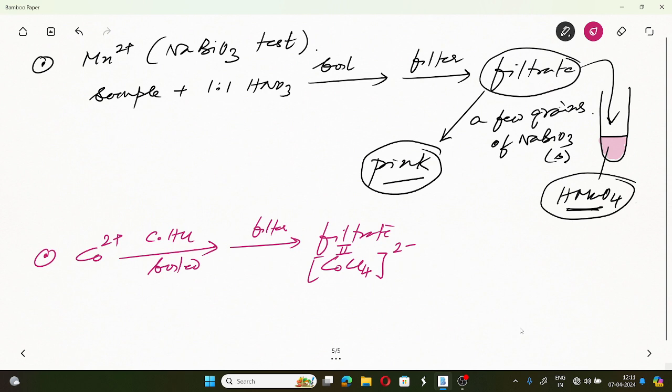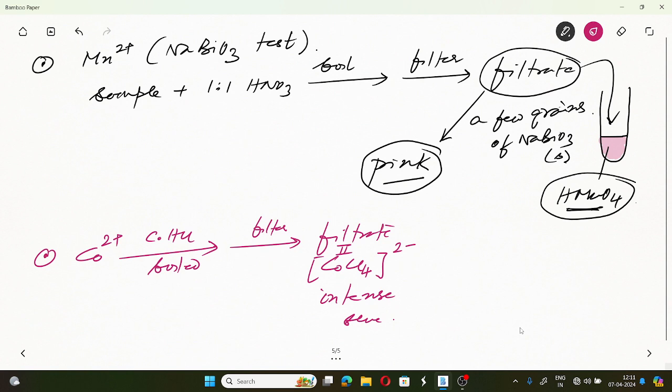This color will be intense blue. So if a sample, upon heating with concentrated HCl, gives an intense blue coloration, there is a possibility that cobalt 2 plus may be present.